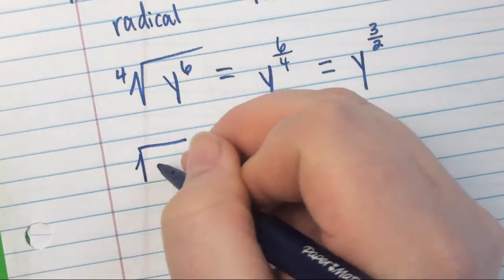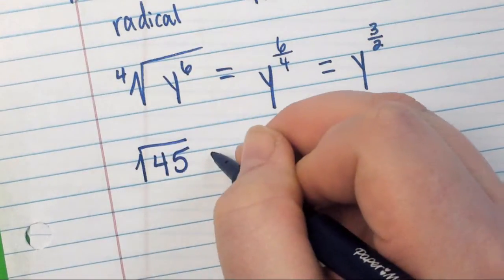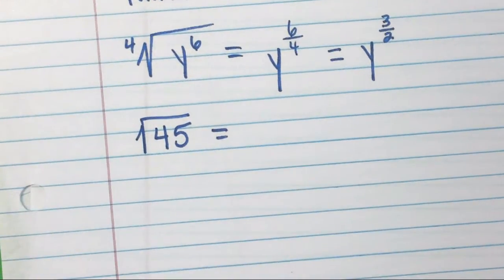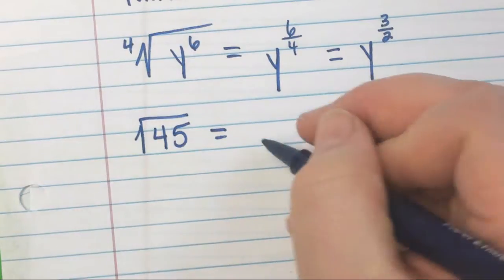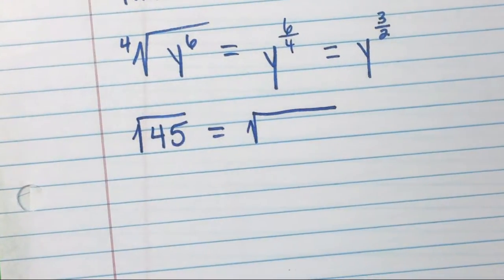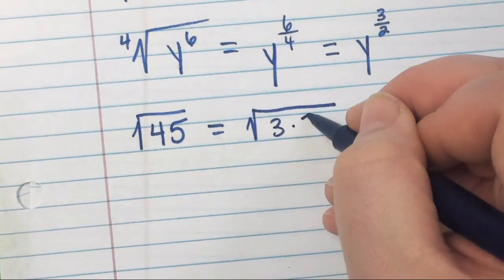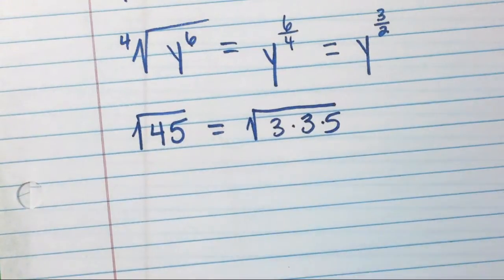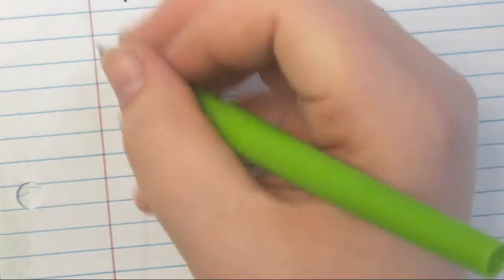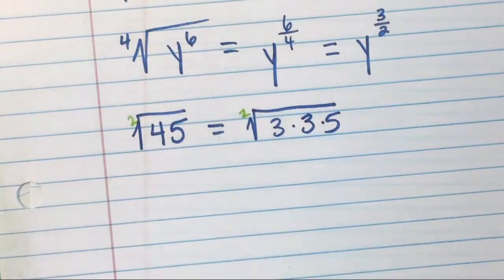Okay, yesterday we were talking about how to break down something like the square root of 45. If I wanted to get all its prime factors, what would I break 45 down into? 3 times 3 times 5. And what is my understood index on this example? An understood 2. So then what would my final answer end up being? The 3 would be on the outside and the 5 would be inside.